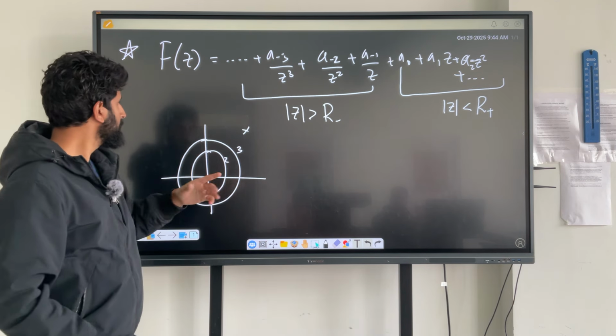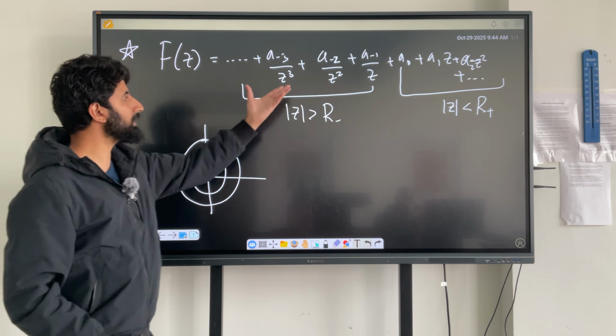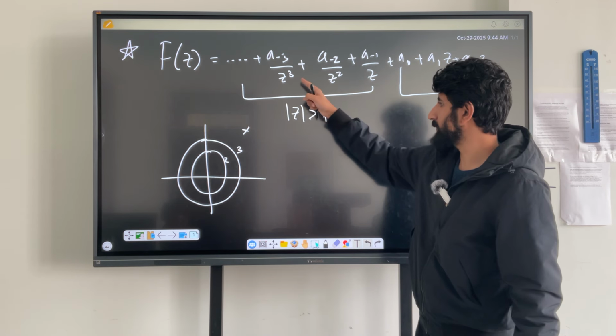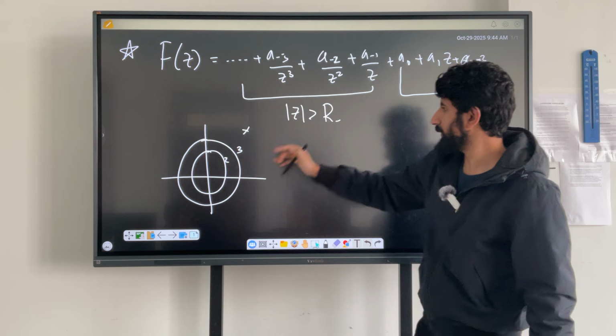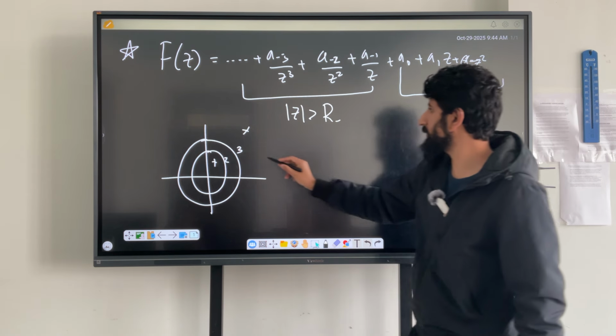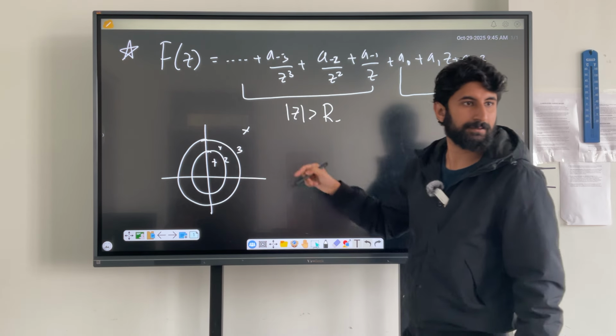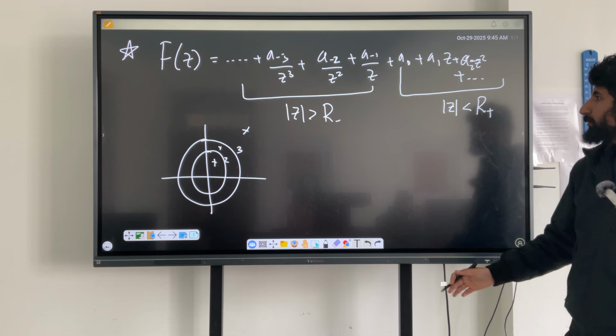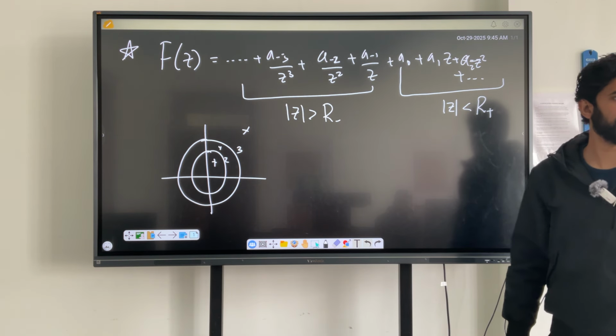So is there any point where this series would give me finite answers? No. In this region, this converges, this doesn't. In this region, this converges. In this region, same problem. No one converges. So what should r minus and r plus be?